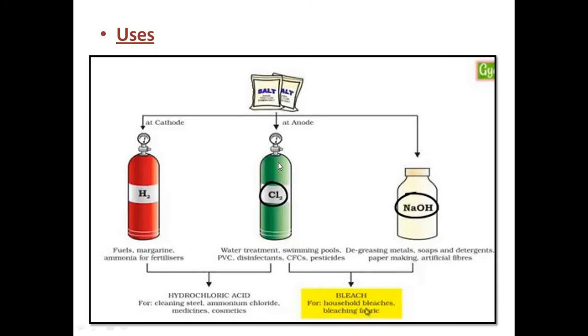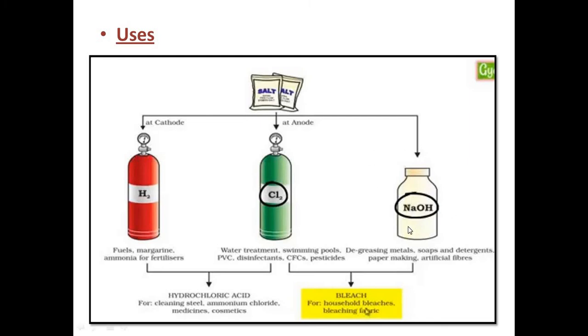At the anode, chlorine is obtained, and that is used in water treatment plants, in cleaning of swimming pools, in pesticides, in disinfecting water, and in the preparation of CFCs, that is chlorofluorocarbon, PVC, that is polyvinyl chloride, and also in the formation of chloroform.